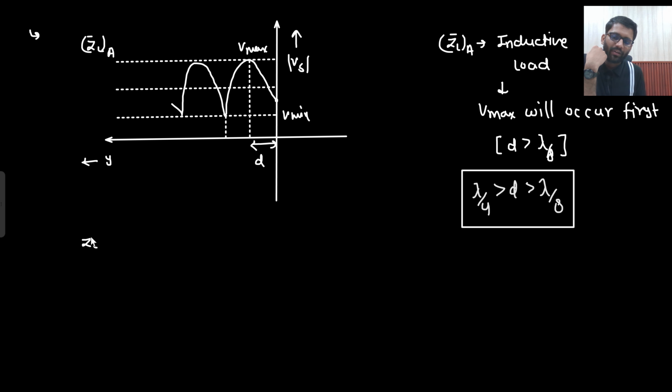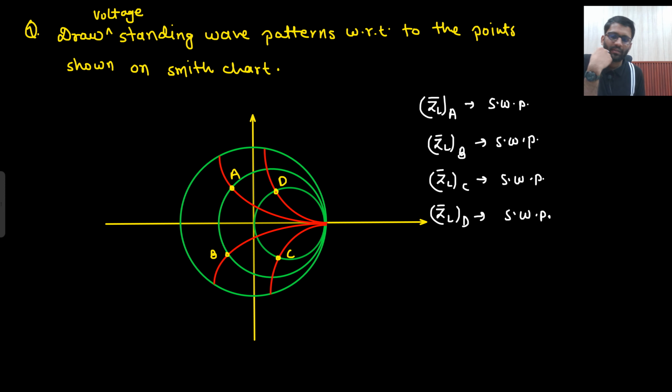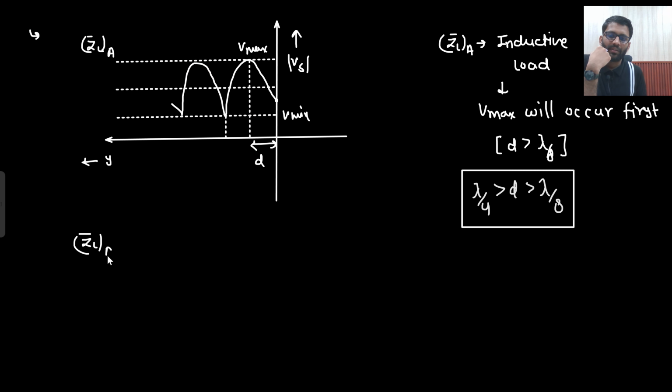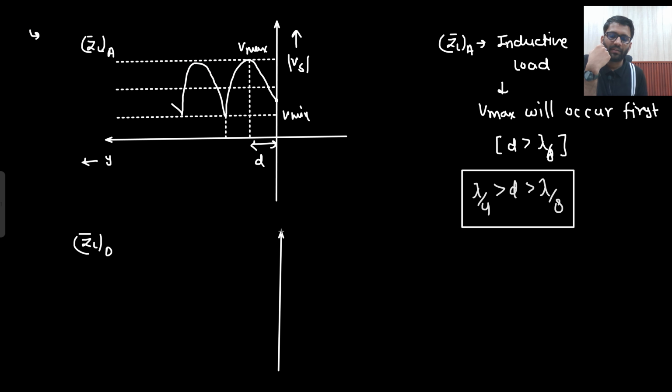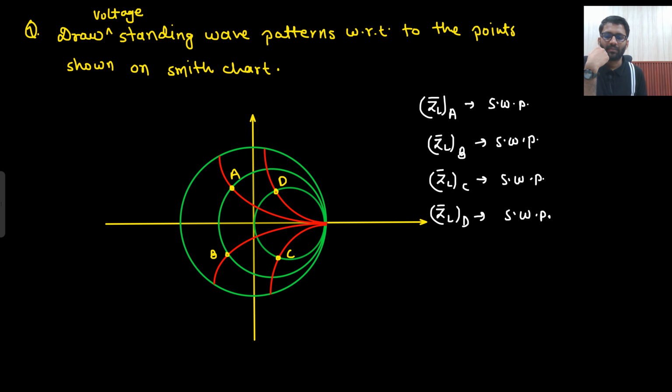Now what about point D? At point D, how will I make the constant VSWR circle? This is my ZL dash, then I will join this to the origin, then I will make a circle.